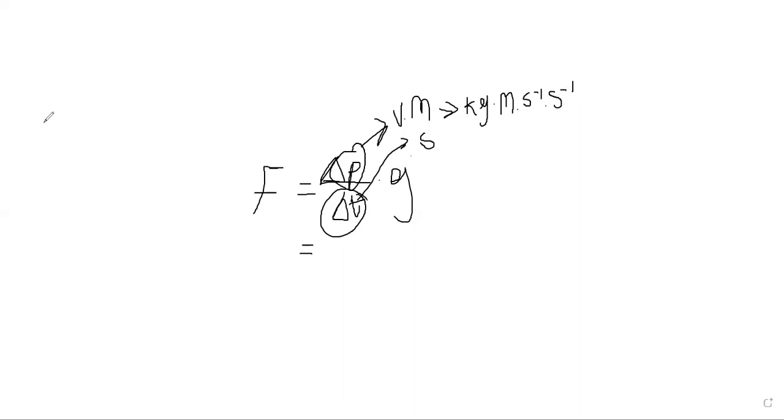If I remember well, we know that F net is equal to ma, and we know a is in meter per second square, and m is in kilograms.